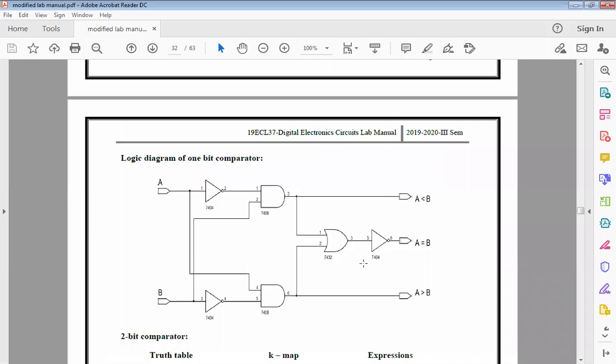So XOR becomes XNOR, and ultimately I'll be getting the expression A is equal to B.